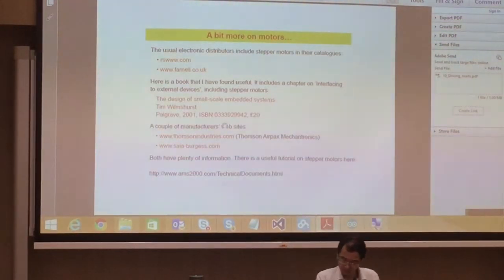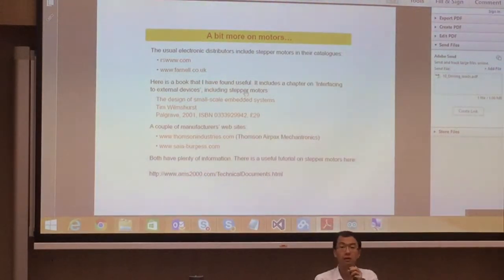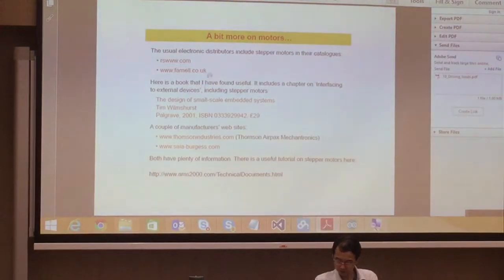So if you need more information on motors, motor is actually a very big topic. There are so many different types of motors available: small, big, stepper motors, servos, etc. So you can go to different resources to find out what kind of motors you need and what kind of applications you have.